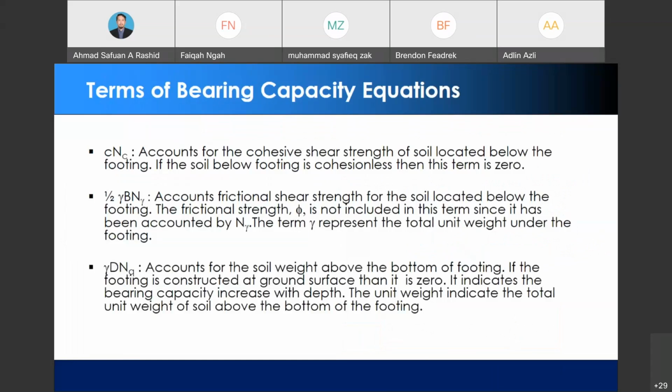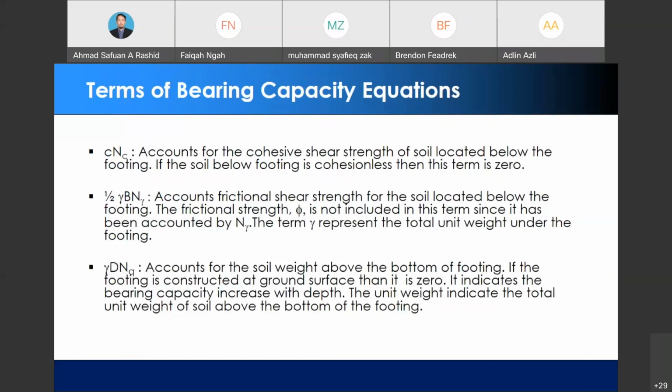So where cNc is diambil daripada soil below footing. While gamma adalah diambil below footing juga. Okay. So kita below the footing.